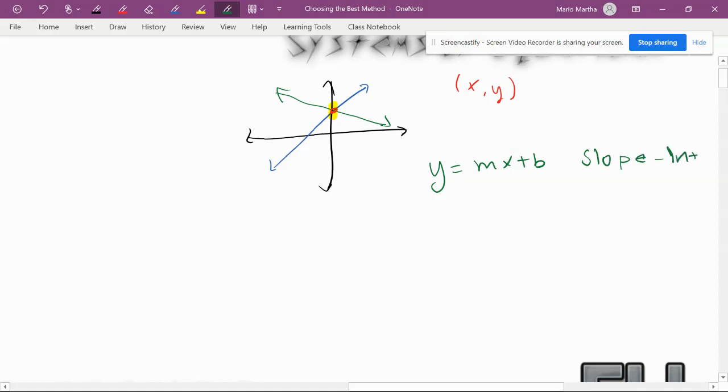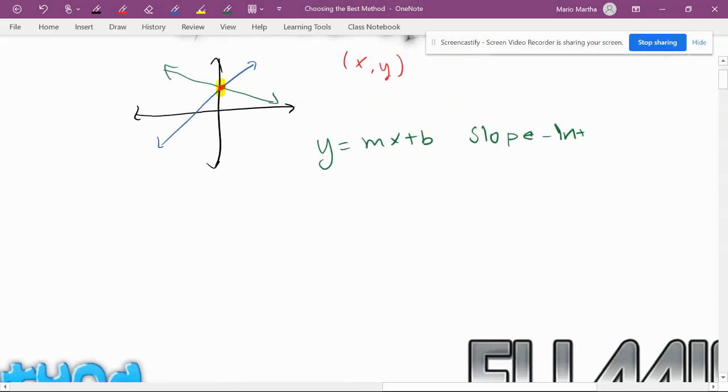And the second one is standard form, which is ax plus by equals c. So remember, these are the two basic forms of our linear functions. If you want to graph a line, you can use either form and it should always work out for you. So this is called the standard form.